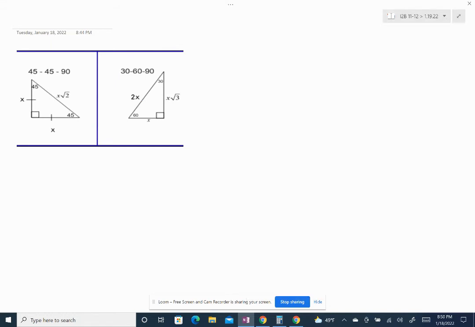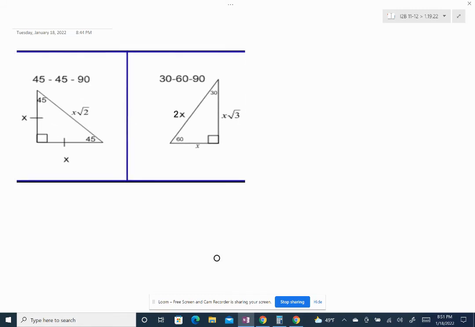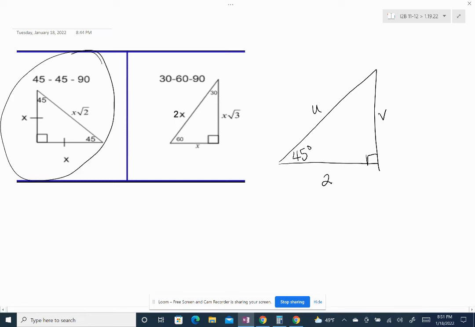So let's take a look at another problem. Once again, we need to determine which kind of special right triangle it is. Let's say I have something like this, and it says this is 45 degrees, U, V, and then 2. With 45 degrees, I automatically know it's a 45, 45, 90.